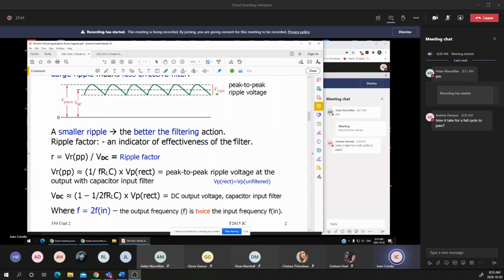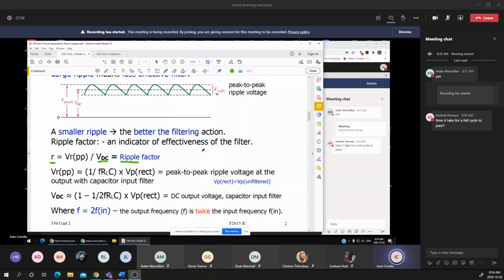Usually in electronics, the most important factor is the ripple factor. The ripple factor, or simply the lowercase r, is the Vr,pp, meaning the peak to peak of the ripple of the output voltage, over the VDC.